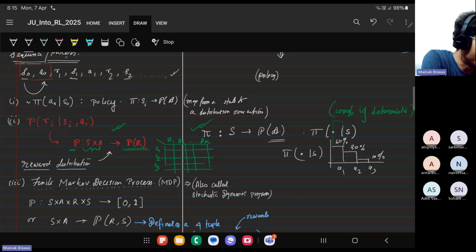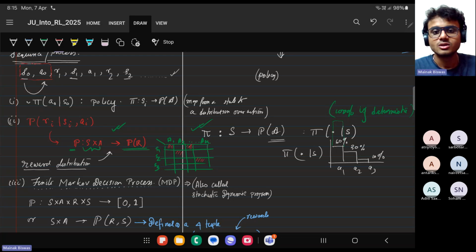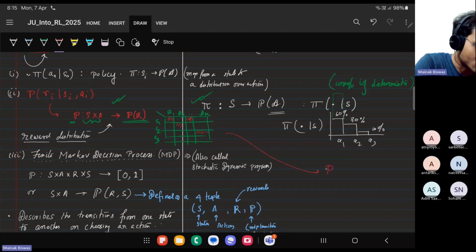You can plot the heat map, where some actions are more likely to be taken. Again, it is a conditional probability: what is the probability of a reward R, given state S and action A?